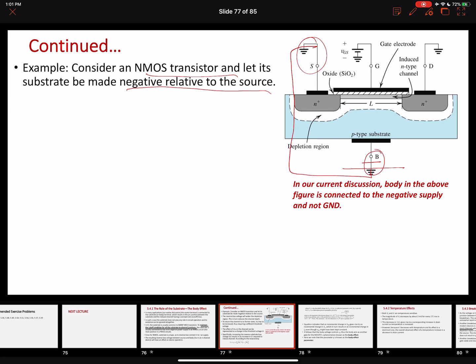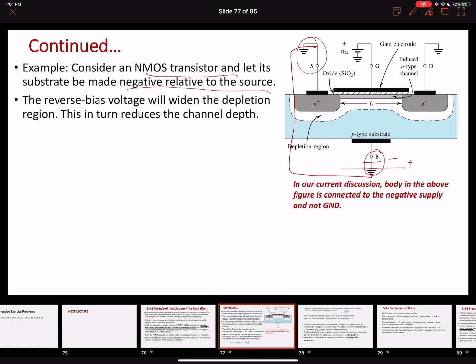So what will happen? This will widen the depletion region. Connecting it to the negative supply is going to widen the depletion region, which will result in reducing the depth of the channel.